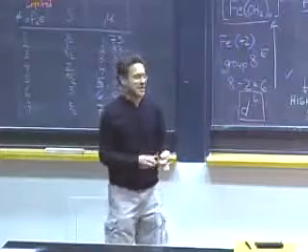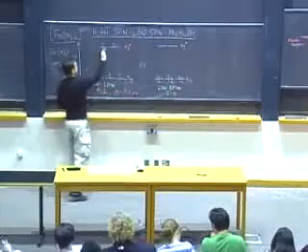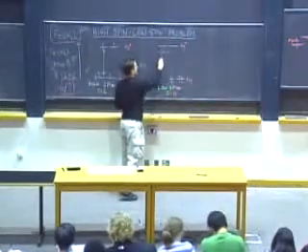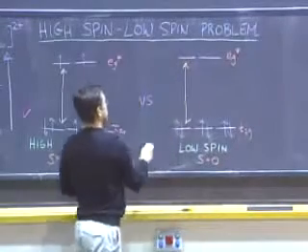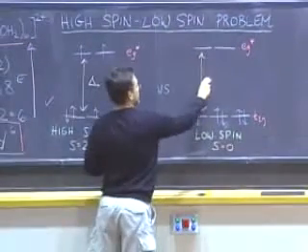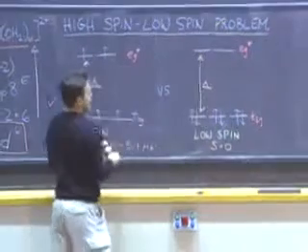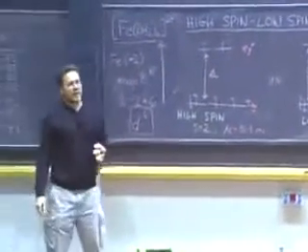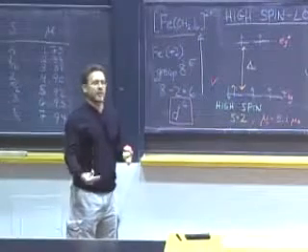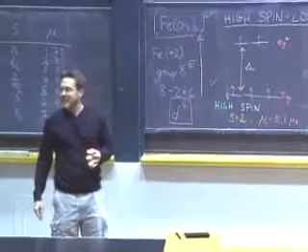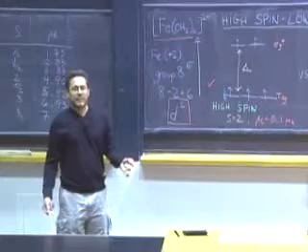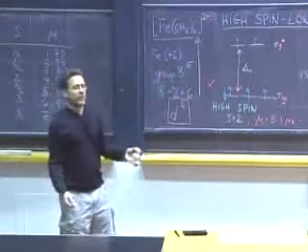Okay? And in a little while, we'll be talking more about what are the physical factors that determine whether a system is low spin or high spin. Remember, we have this delta O here. Okay? And there's not one value for delta O, and this is something I'm going to emphasize again in a moment. Delta O varies according to a number of factors. And these factors include the specific nature of the ligands. It includes the charge on the metal center.